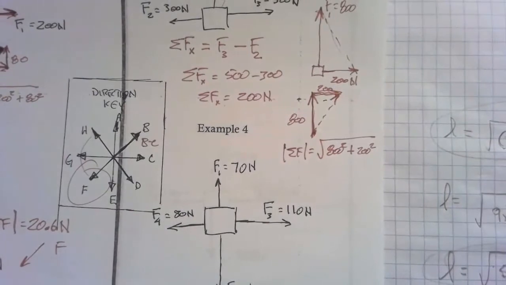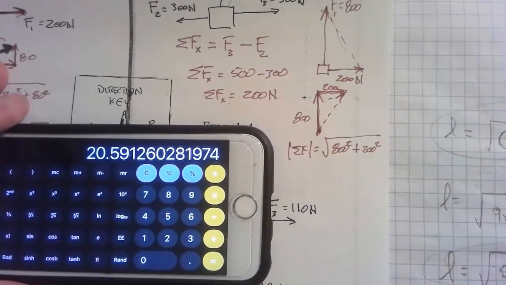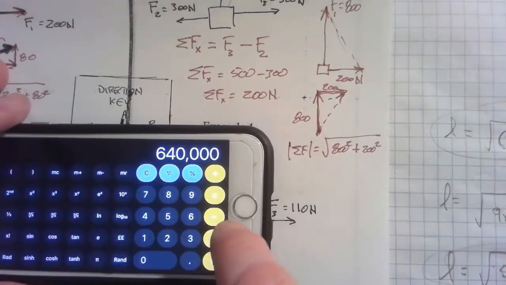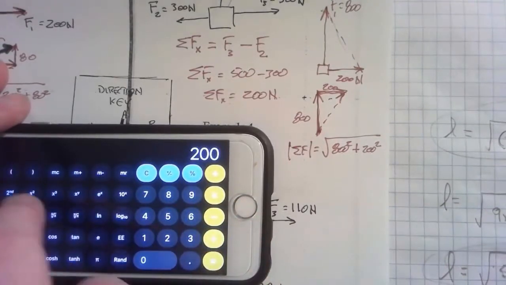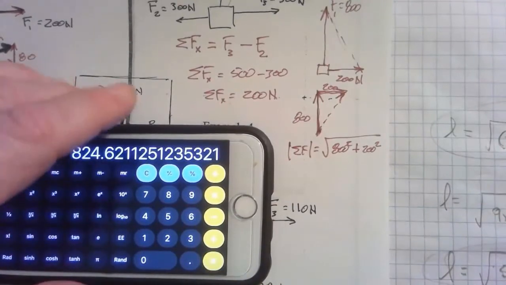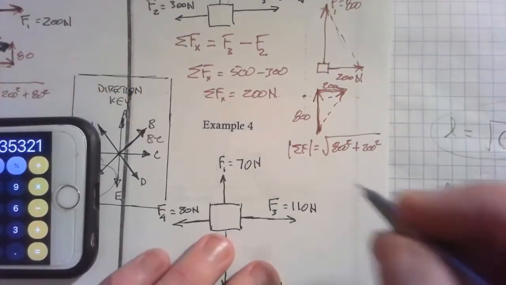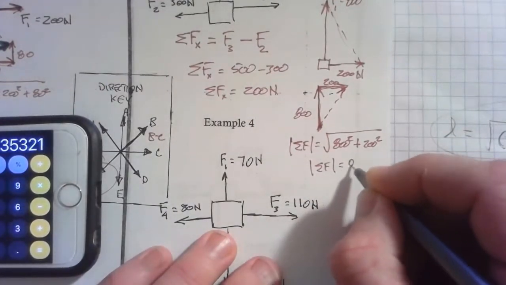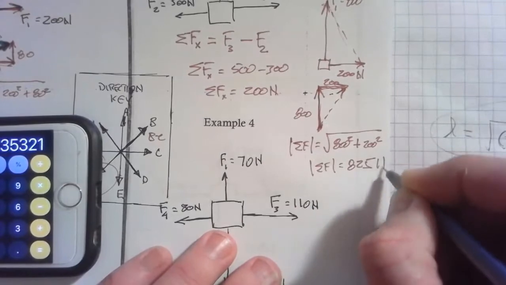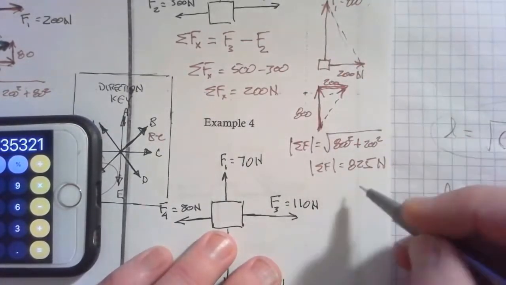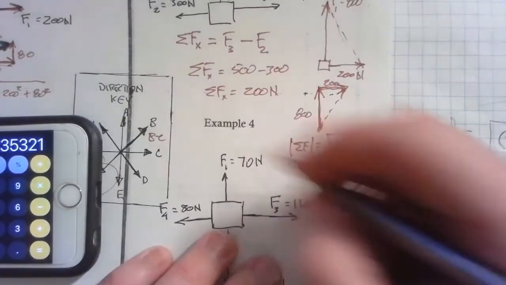And when that's all said and done, 800 squared plus 200 squared, get an answer, take the square root, 824.6. I'm just going to call it 825. And directionally, it's going to be up and to the right. So you might say B would be fine.